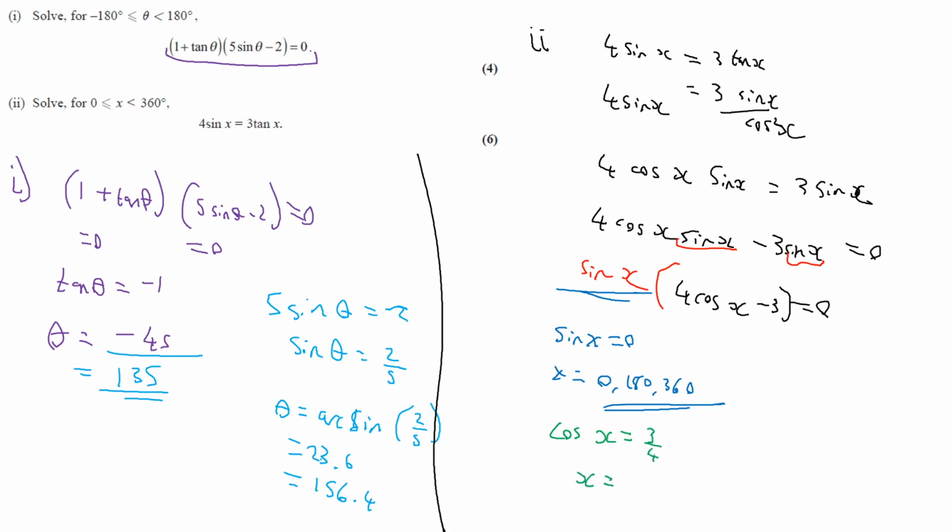So x is simply going to be the inverse cos of 3 over 4, which is the same as 41.4, or if we subtract it from 360, 318.6. And those are our final values for x. And it's all within this range here.